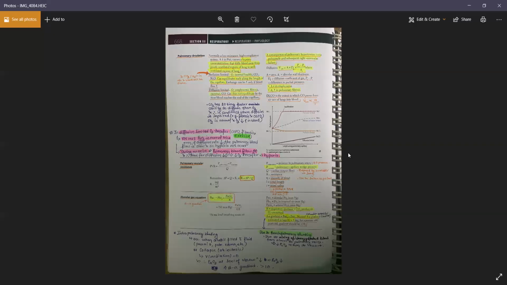But the blood flowing through there is more than the ventilation. So some of the blood in the base remains deoxygenated, and this again mixes with the other blood and causes the AA gradient. But the major role is again because of this bronchopulmonary shunting. This is the major role. Any more doubt?